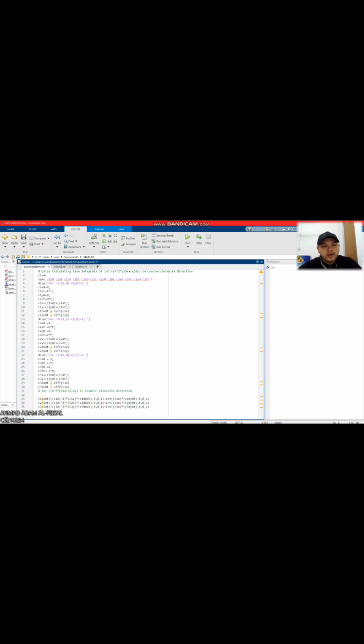C3 is (0, 0) minus (1, 2) equals negative i minus 2j. And CT, which is C total, is C1 plus C2 plus C3. So we will run this program. C1 equals 0, C2 equals 2, C3 equals negative 3 over 2, and CT equals 1 over 2.